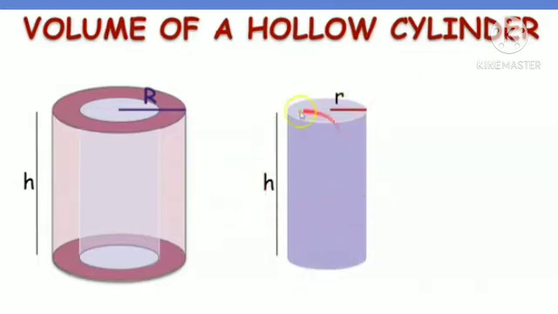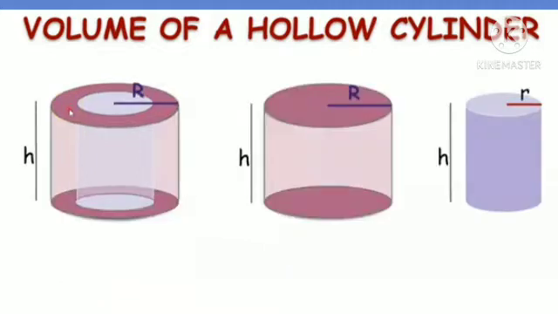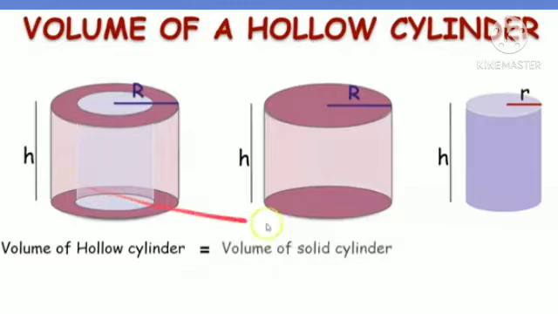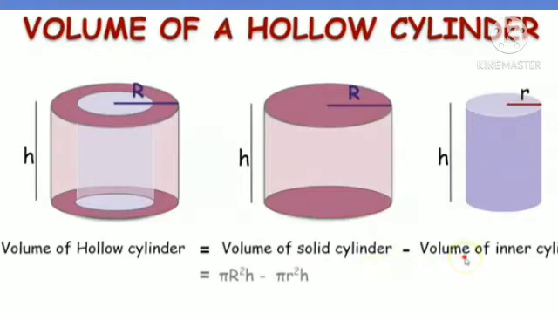This small cylinder comes inside the outer cylinder, so the height is the same and the radius is different, and there is a circular ring formation on top of the hollow cylinder. The volume of a hollow cylinder is the volume of the outer cylinder minus the volume of the inner cylinder, that is, pi R squared h minus pi r squared h.